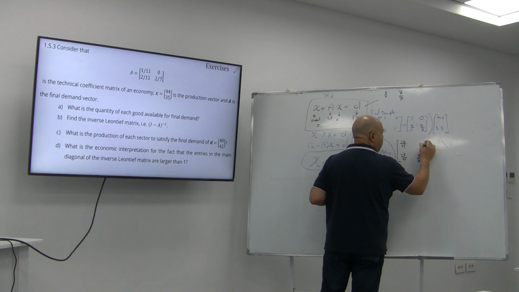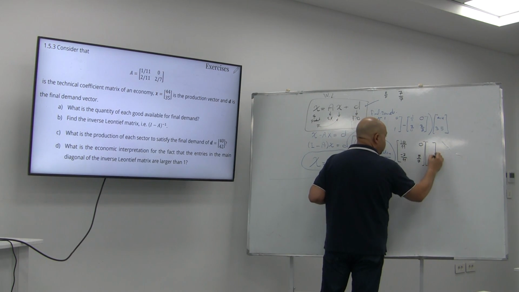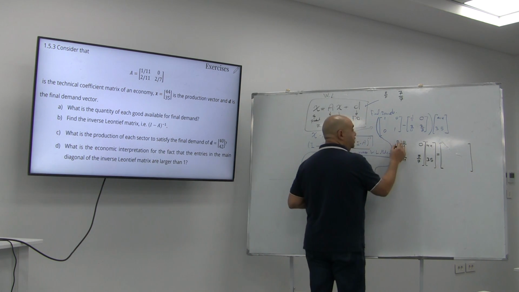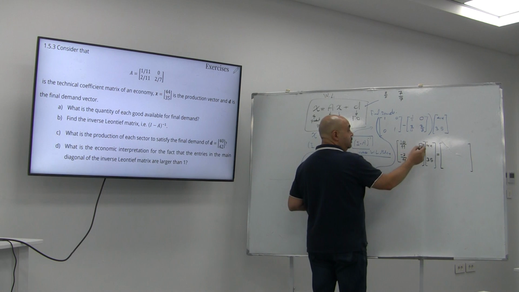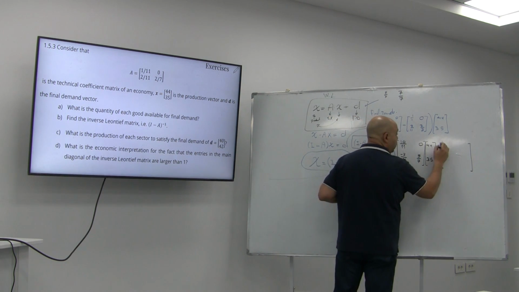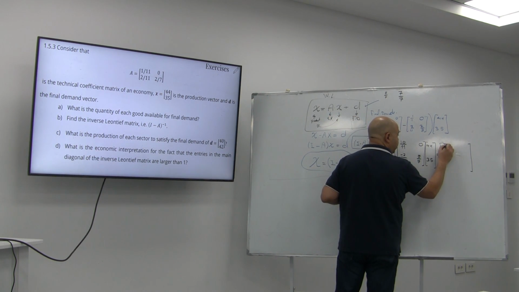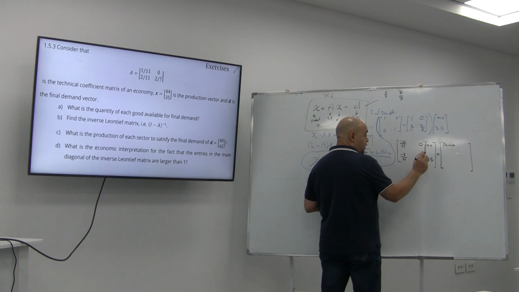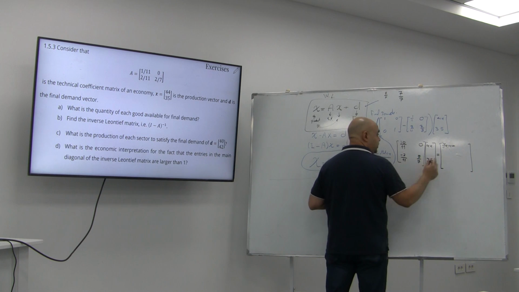Then I will multiply by the production, which is 44 and 35. So the result will be, I will take 10 over 11 times 44. It's very, very simple. 10 over 11 times 44, plus 0 times 5 over 7.